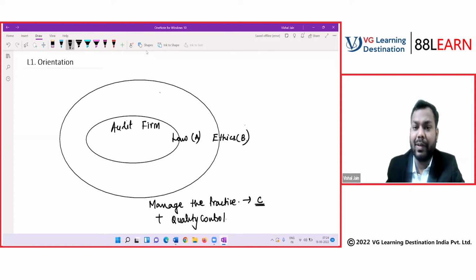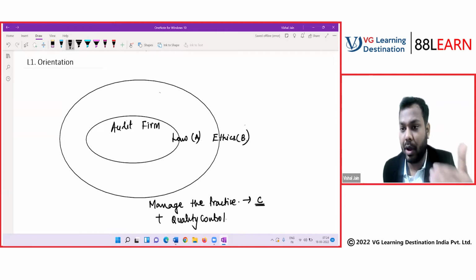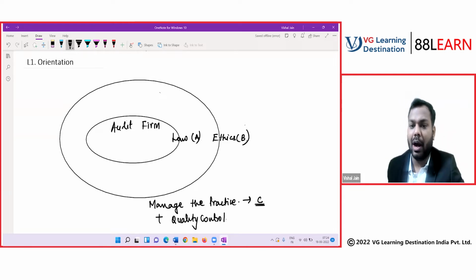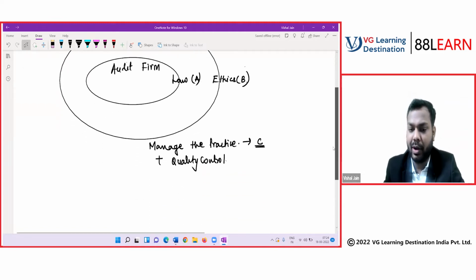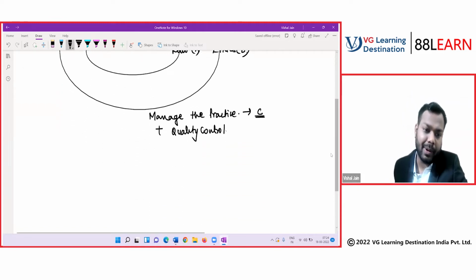Now, once I have accepted the audit, I have to understand how I will conduct the audit. There are multiple phases in an audit. The first phase is the acceptance.